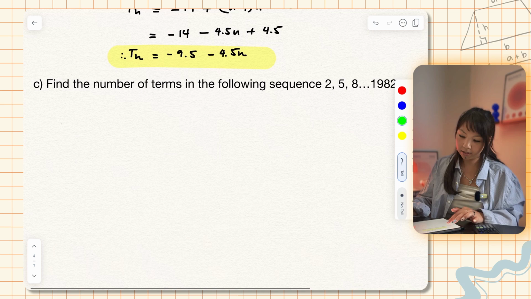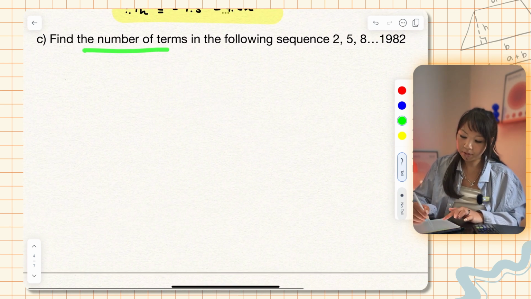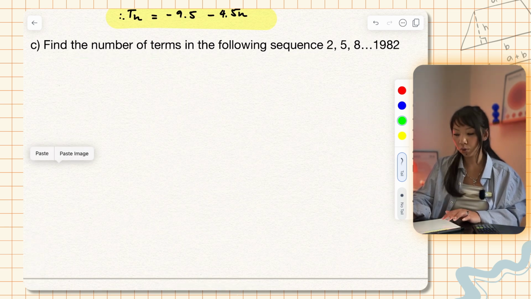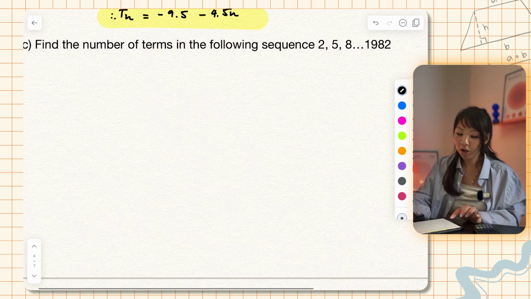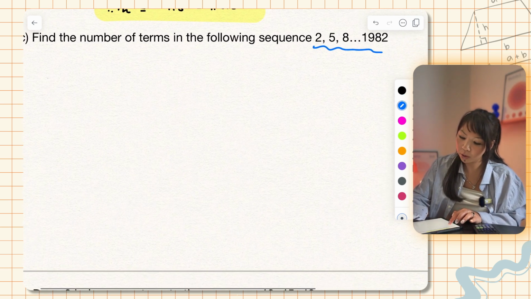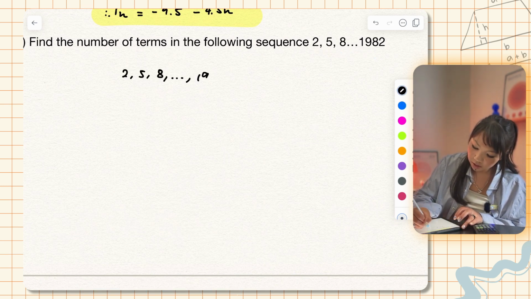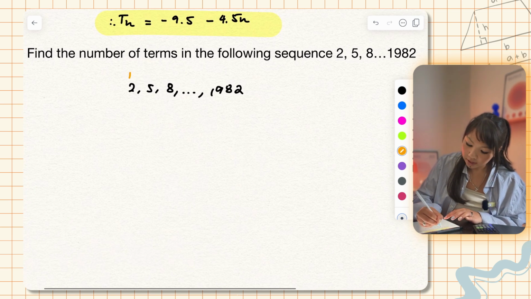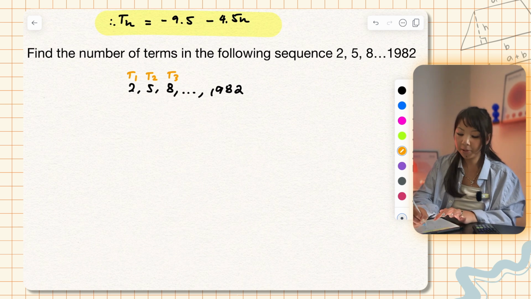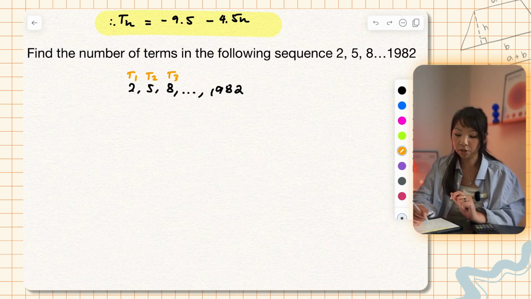Okay, next, part C. Find the number of terms in the following sequence: 2, 5, 8, up to 1982. So if I'm looking for the number of terms in this total sequence, I can see that the first term is 2, the second term is 5, the third term is 8, but for this last term, I have no idea what n value it corresponds to.